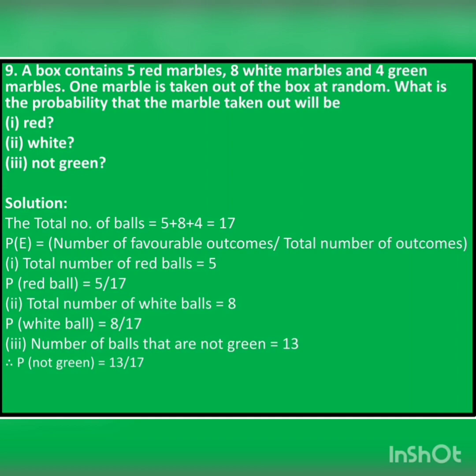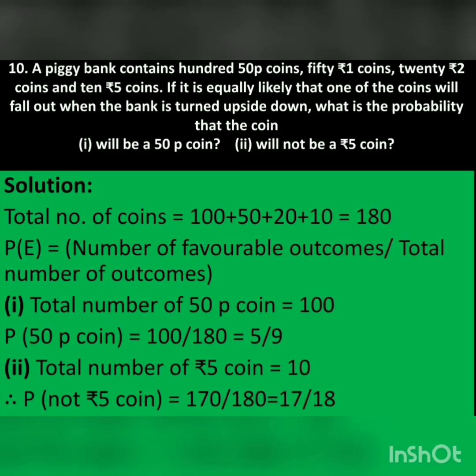Next question is 10th. A piggy bank has 100 50 paise coins, 50 1 rupee coins, 20 2 rupee coins and 10 5 rupee coins. If one coin is taken out, what is the probability that it will be a 50 paise coin? First of all, we will count the total number of coins. It is equal to 180.